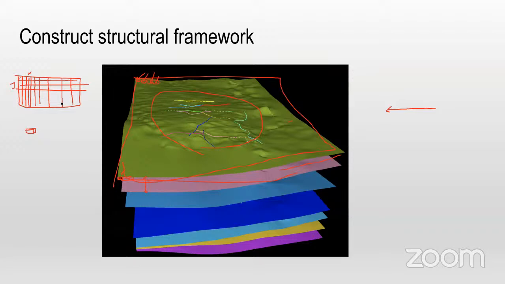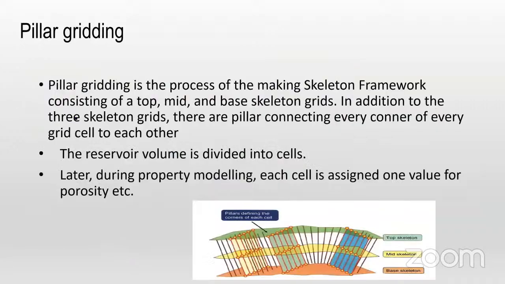But as a reservoir modeler, you should help them to avoid those types of elimination that affect the reservoir part and very important geologic features. So in the pillar gridding process, you divide the reservoir volume into the cells or into the grids. And most of the time, as I mentioned, you create a fine grid.